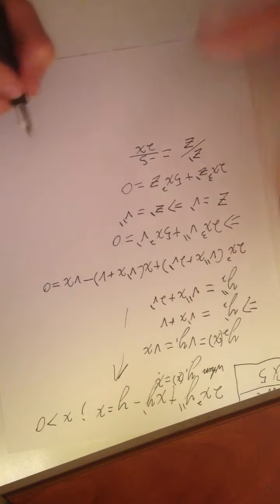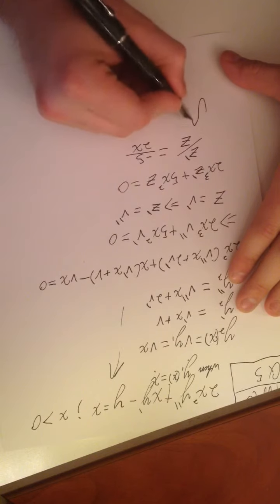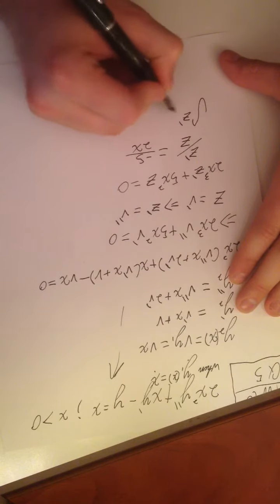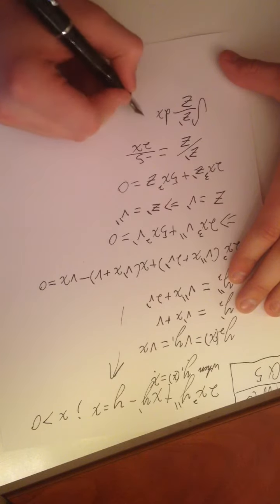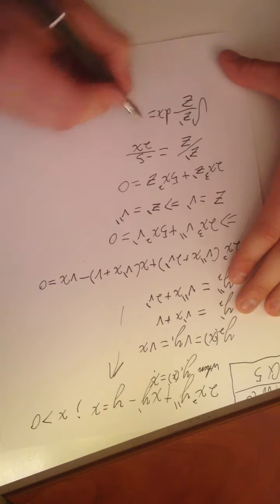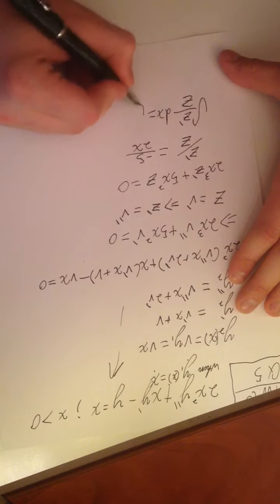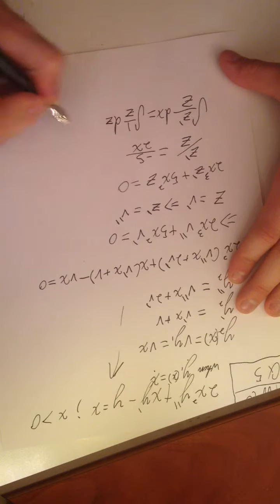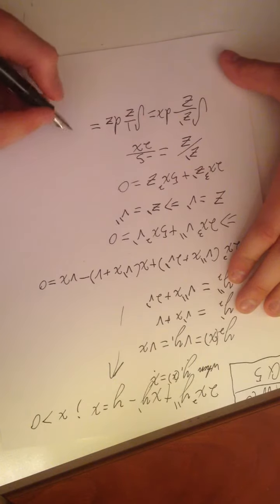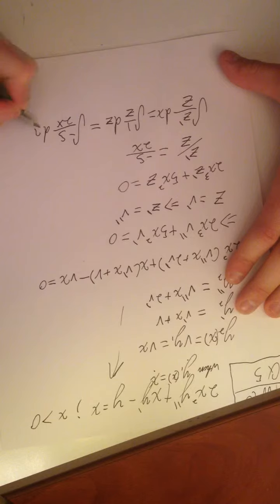In doing that, we get the integral of z prime over z times dx, which can be rewritten due to the chain rule as the integral of 1 over z times dz, which is equal to the integral of negative 5 over 2x dx.